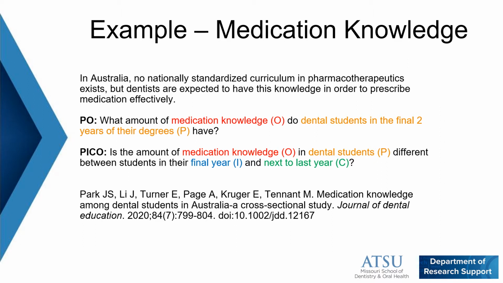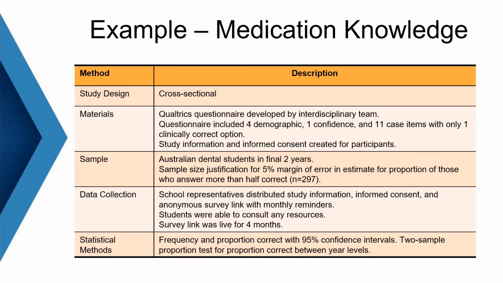And their PICO question was, is the amount of medication knowledge in dental students different between students in their final year and next to last year? So let's examine how they transformed their research question into valid research methods.